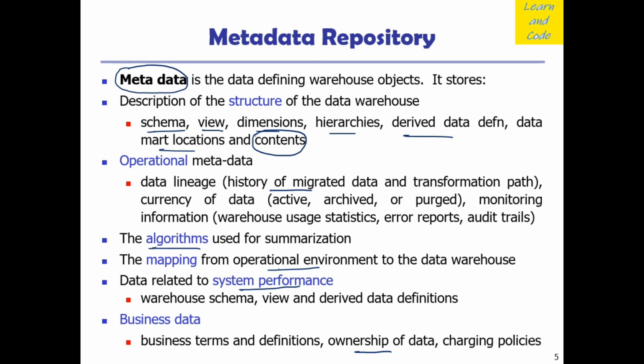Each and everything about the data in the data warehouse is stored in the metadata repository. And from time to time we need to update this metadata repository too, because once we do the refresh operation on the data warehouse, the metadata repository also has to be updated in parallel.